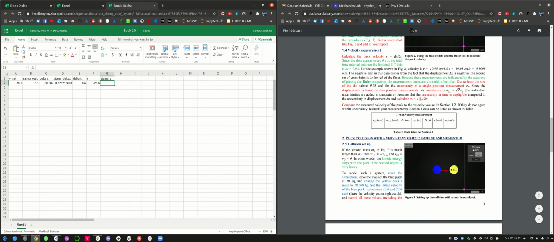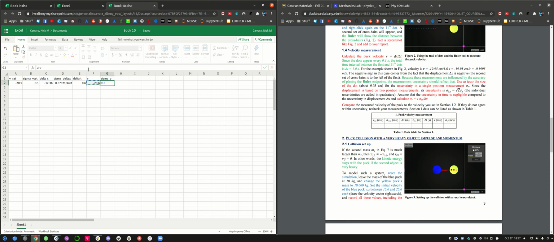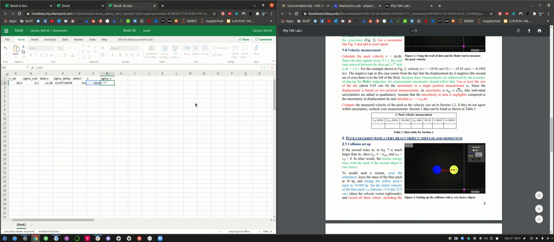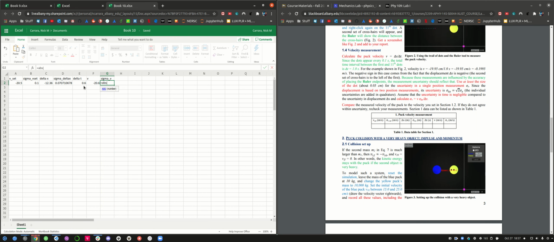Yeah, right. So because only delta x has uncertainty, we don't have to worry about delta t or adding in quadrature. So it's just going to be v times, actually it should be the absolute value of this.